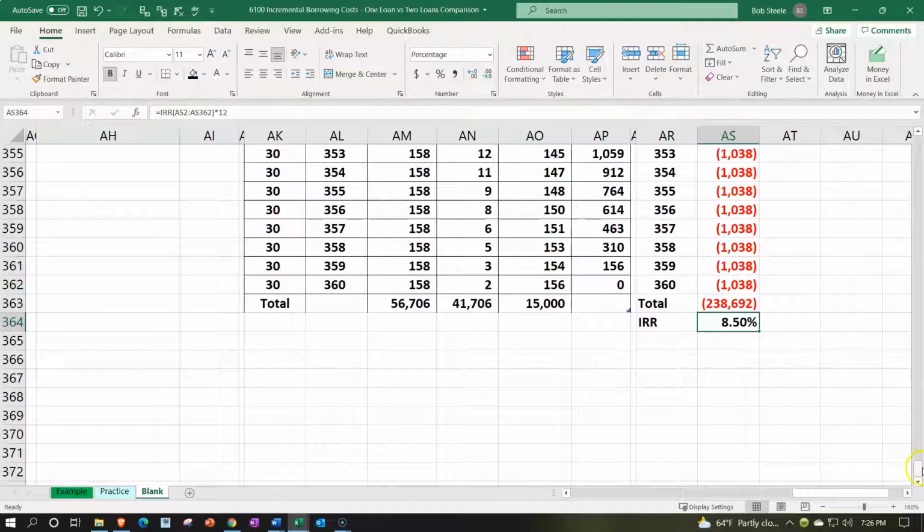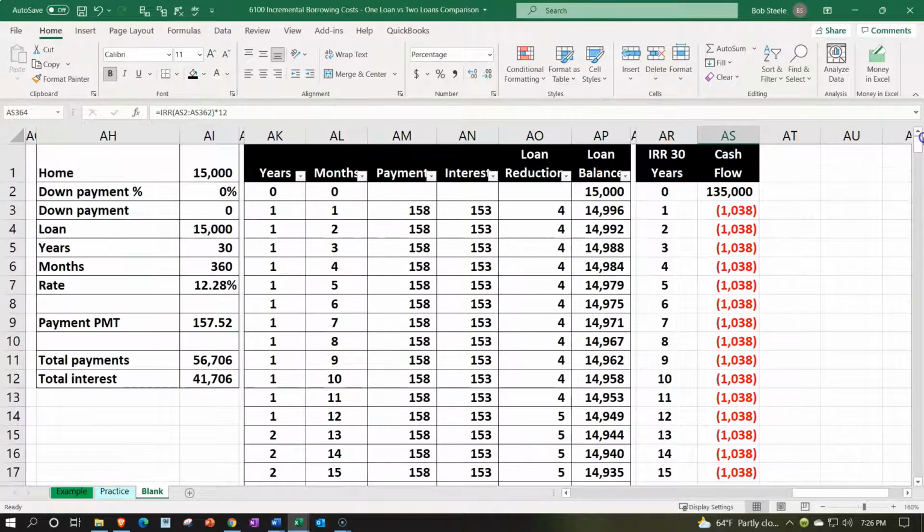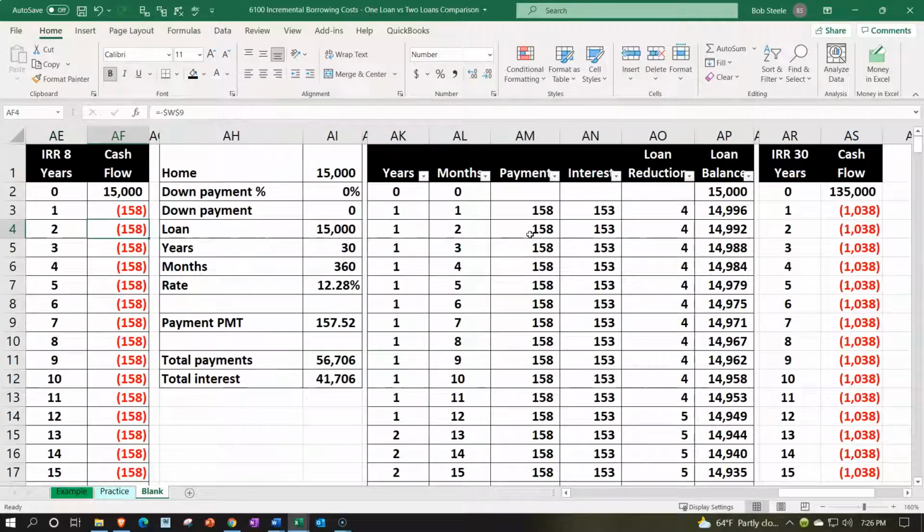So that's kind of proving the point here, because this point can be a little bit abstract. We're saying that 12.28 is the rate that we would basically need in order to get that second loan. If we had the two loans, we'd have to be beating the 12.28, not the 8.5, right? If I got the second loan for the 8.5, that would be good.